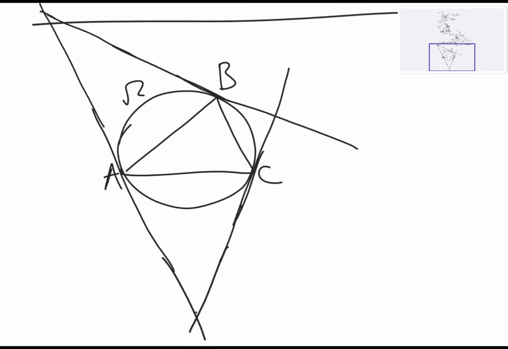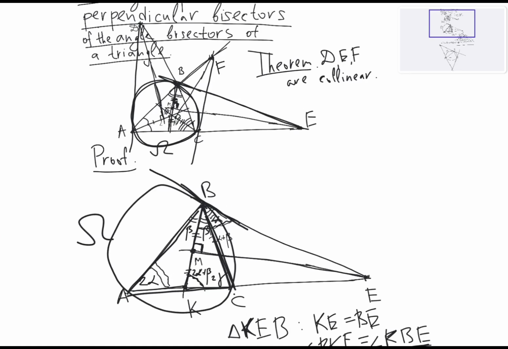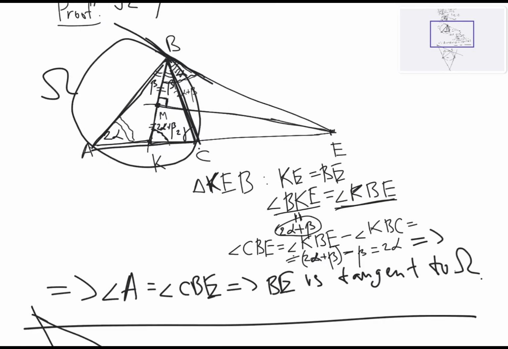The points D, E, and F are the intersection points of these tangents with the opposite sides of the triangle.